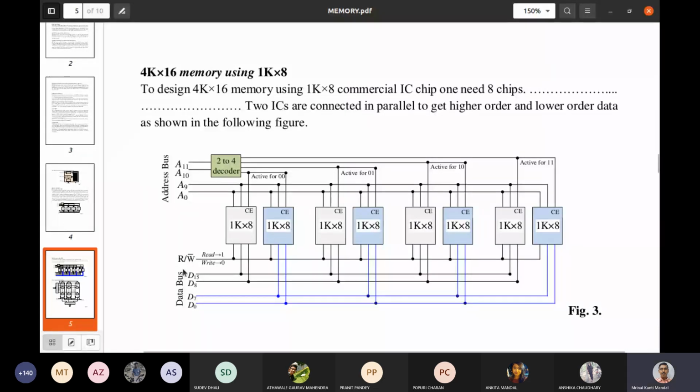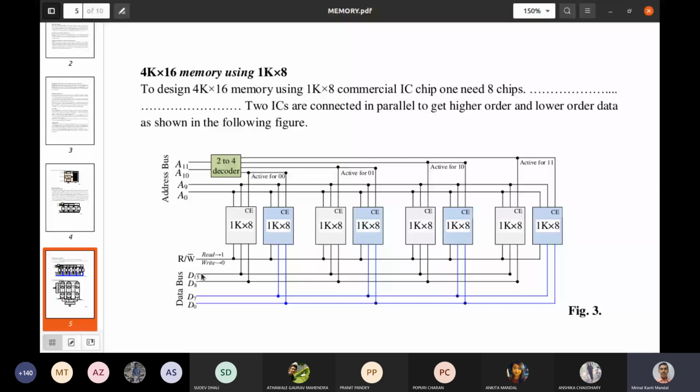Right? And the other operations will be almost similar. So all the lower order data will come from this IC. Out of this pair, lower order data is coming from this IC, higher order data is coming from this IC. Right? In this way, we have to connect the data. Now at present in computer systems, you are running with 32-bit or 64-bit or 128-bit data.